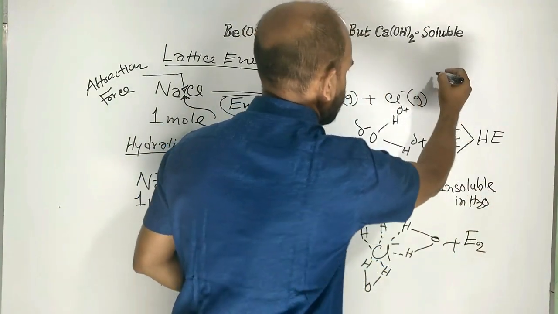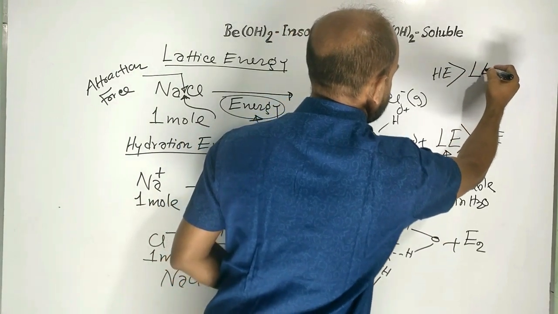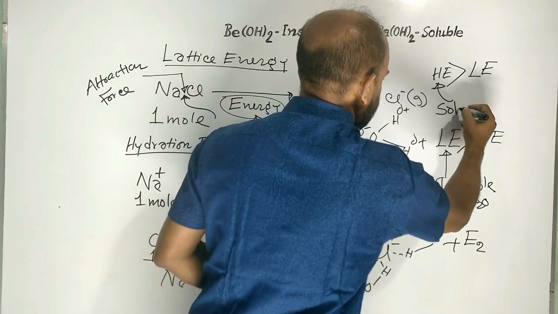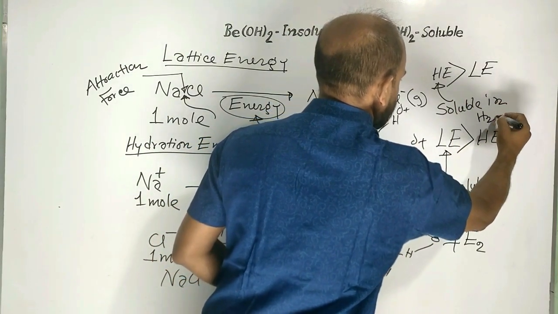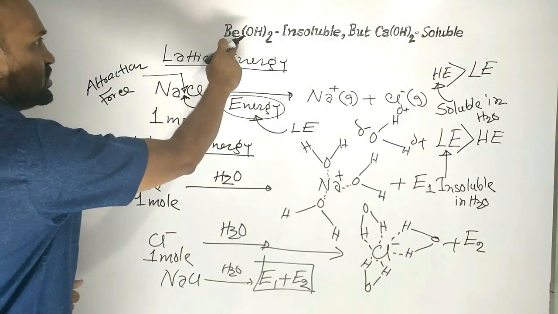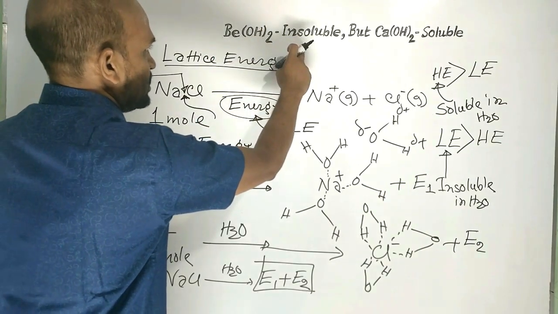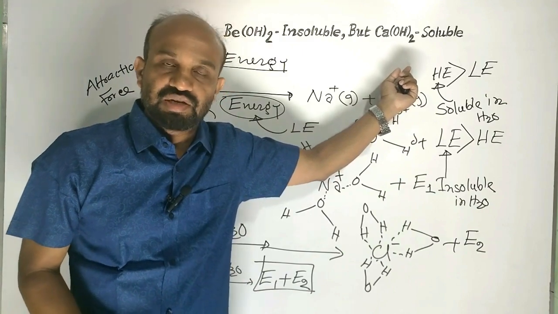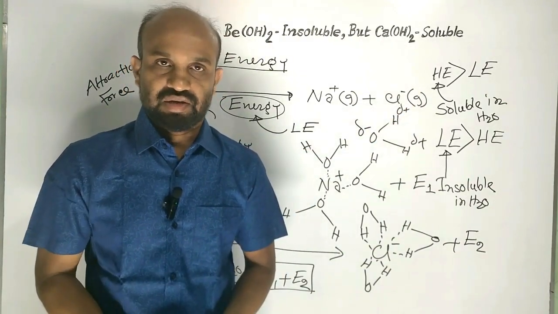But when hydration energy is higher than lattice energy, then compound will be soluble in water. Now let us see the reason behind beryllium hydroxide being insoluble in water and calcium hydroxide being soluble in water. Let us see the matter in detail.